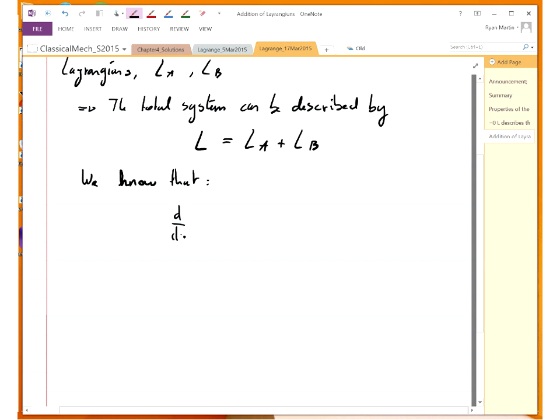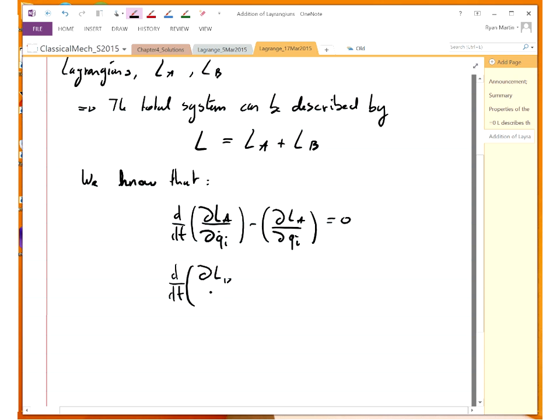For system A, the Euler-Lagrange equation is d/dt of ∂L_A/∂q_i dot minus ∂L_A/∂q_i equals 0. And similarly for system B, we have the same equation with L_B instead of L_A.